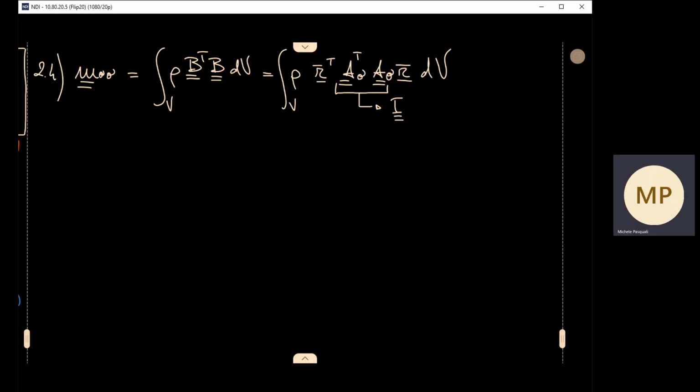And this basically remains as the integral over V of rho R over bar transposed applied over R over bar. Okay? So we already can anticipate what is the dimension of this matrix.